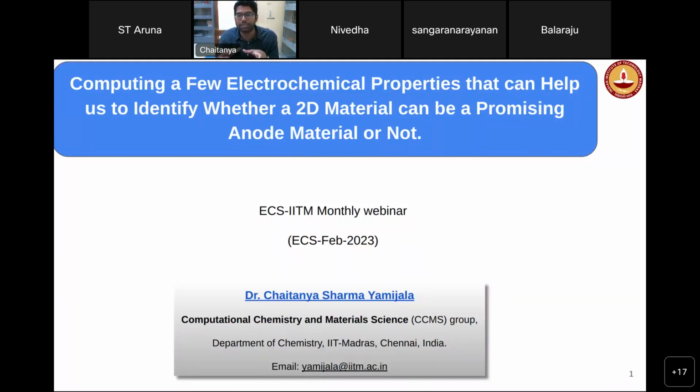Whether a specific 2D material can be a promising anode material or not. Obviously, all of you will know that any battery has an anode material and a cathode material, and we are concerned only with the anode material here.